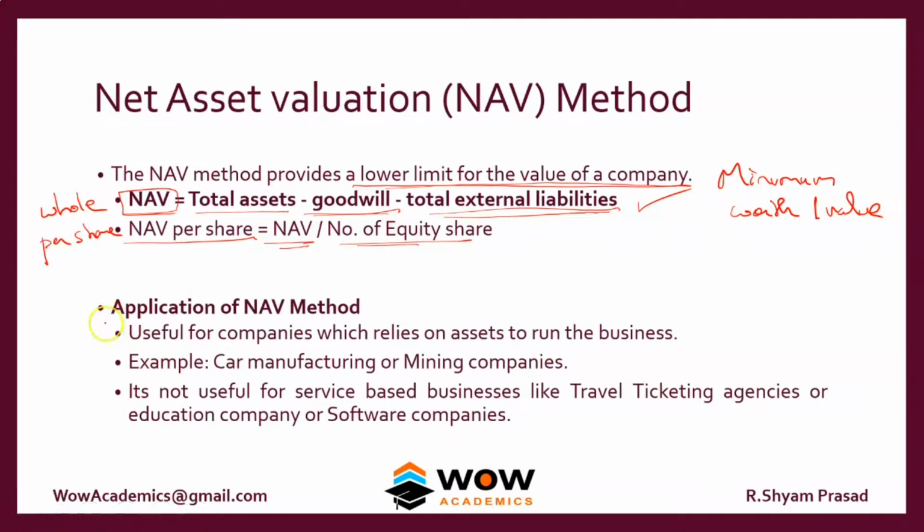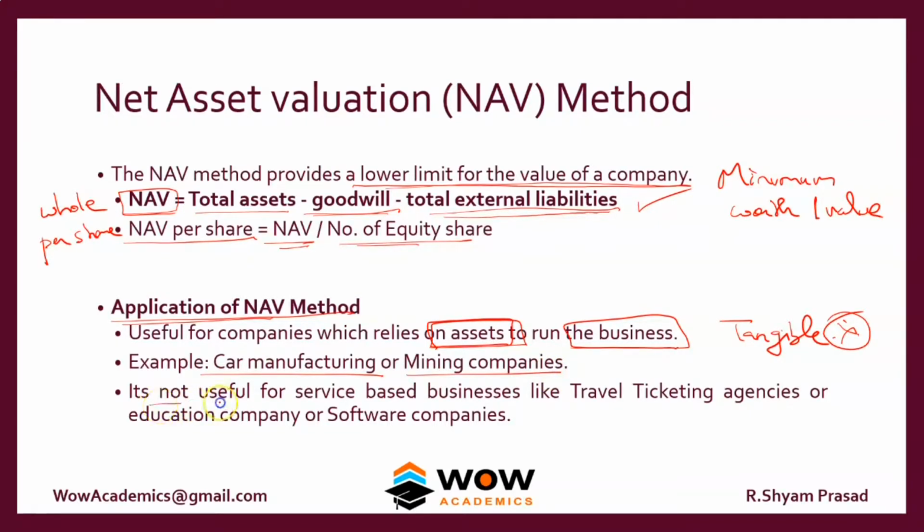So application: where can we use this method? This method is useful for companies which rely on assets to run the business. What kind of assets? Mostly tangible assets, not intangible, tangible assets. For example, a car manufacturing company or a mining company.